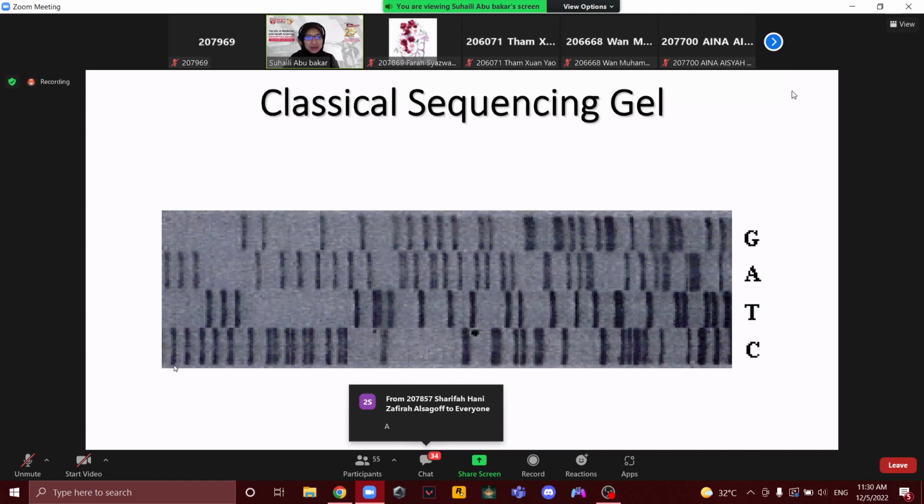A, second C, third A, right? Third is A. Difficult, right? Fourth, C. Fifth, A. See? Can you see? So from this classical sequencing gel, we read like that.